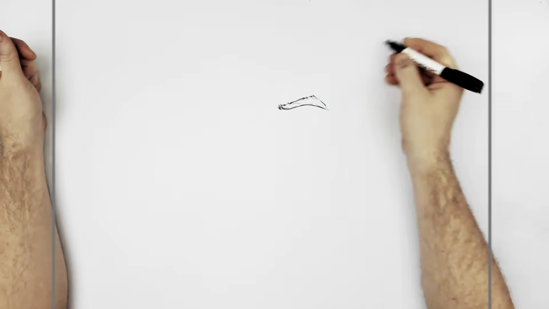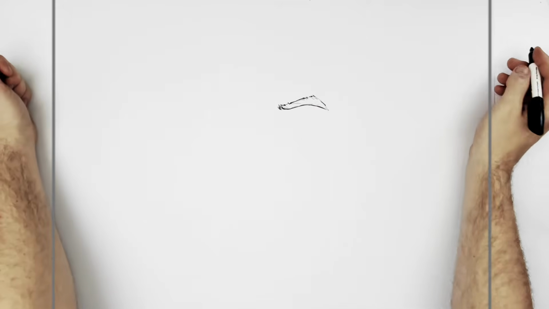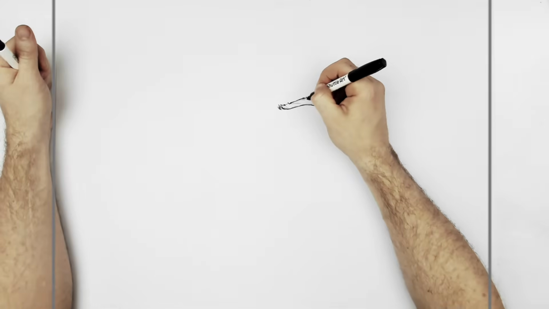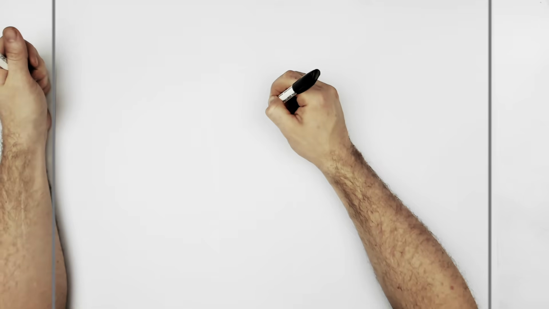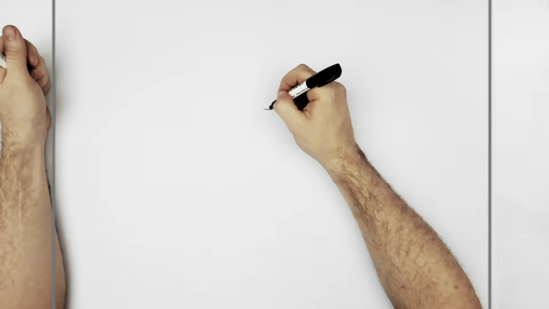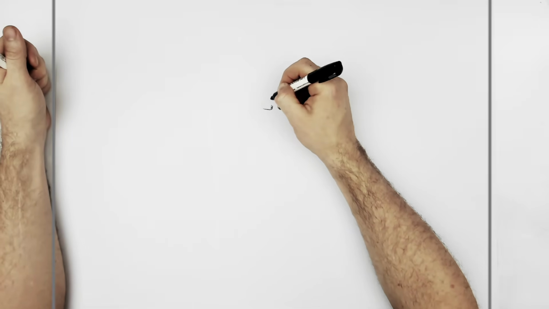Bit of texture on the eyebrow. Okay. Boom, boom, boom, boom. Right, I'll do the other eyebrow just to keep everything sort of symmetrical. Again, sort of heavy frowns on the guy.